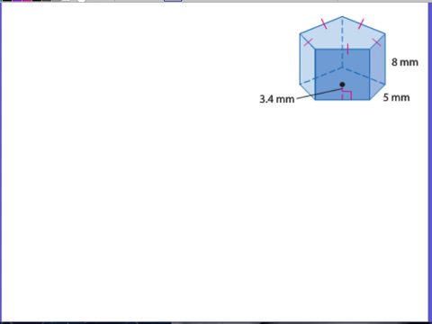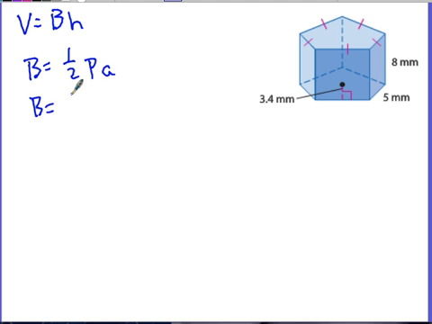All right, next example is a what shape is the base? Pentagon. So it's 5 sides. So it's the same formula though. It's just volume equals area of the base times the height. So in order to find, going back to last chapter, in order to find the area of the base, it's 1/2 the perimeter times the apothem, right?